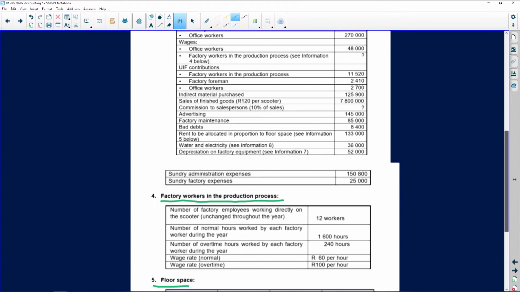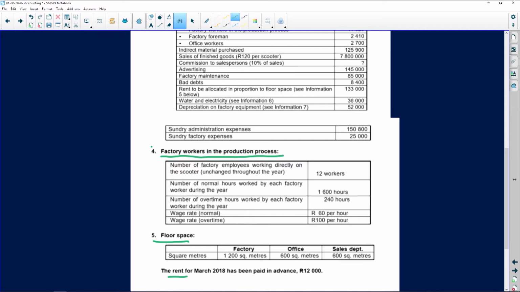And the information that I need to look at is information for factory workers in the production process. So the number of factory employees working directly on the scooter, unchanged throughout the year, is 12 workers. Number of normal time worked by each factory worker during the year is 1,600 hours.